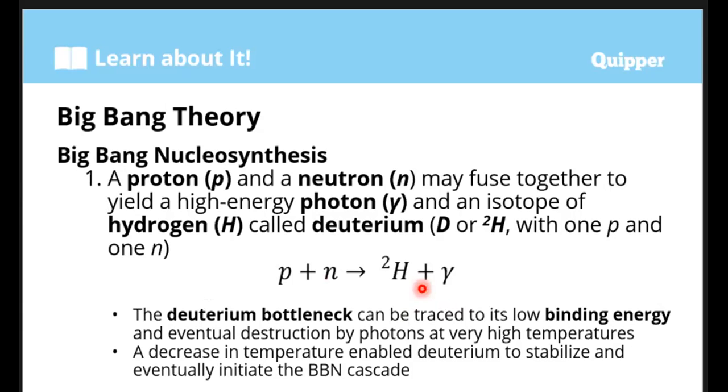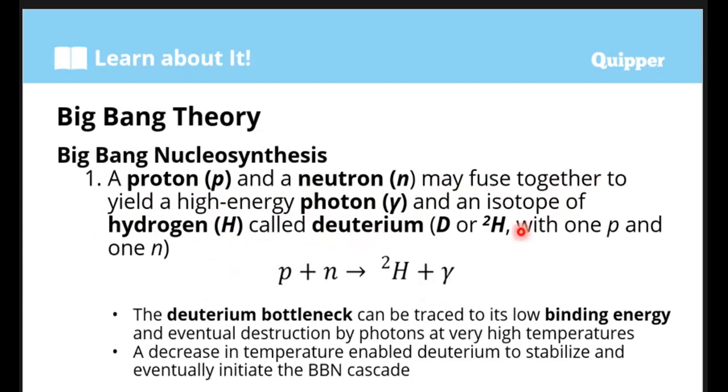Thus, there is a merging, a nuclear fission and a nuclear fusion happening. So a proton, a positively charged particle, and a neutron, N, with no charge, may fuse together to yield a high energy photon and an isotope of hydrogen called deuterium.